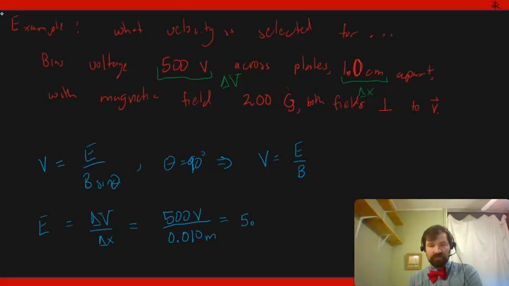And so this ends up being 50,000 volts per meter, so 5.0 times 10 to the 4 volts per meter.